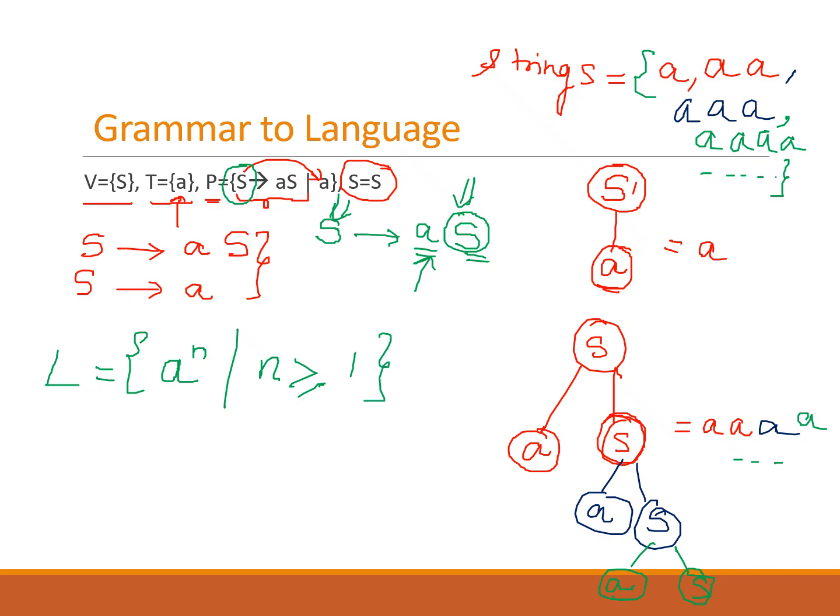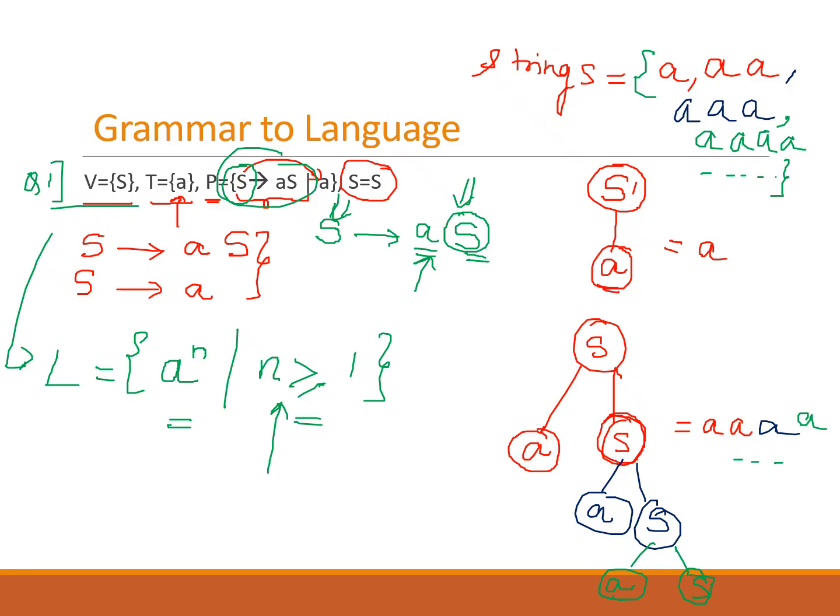So this says that I need at least one A because n is greater than or equal to 1, and then I can have any number of A's specified by this n. So for this first question, the given grammar can be represented using this language, that is A raised to n, A occurring n number of times with at least one occurrence of A.